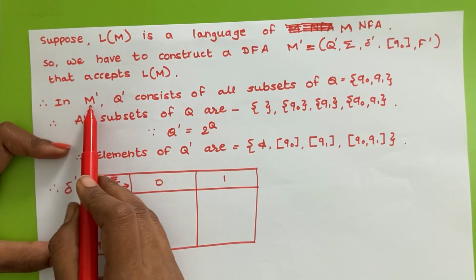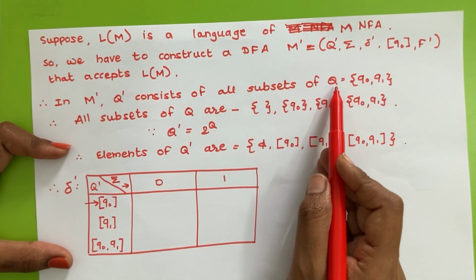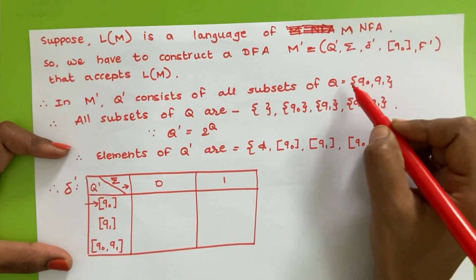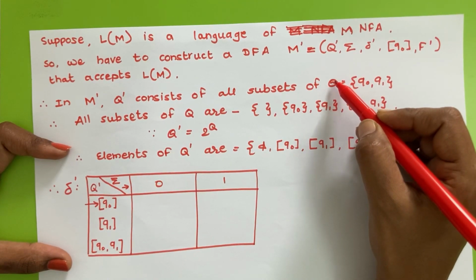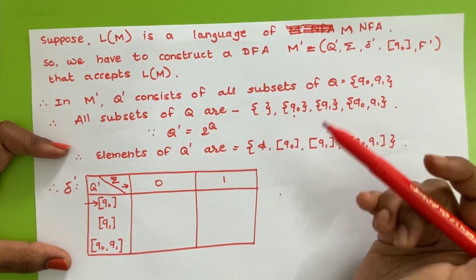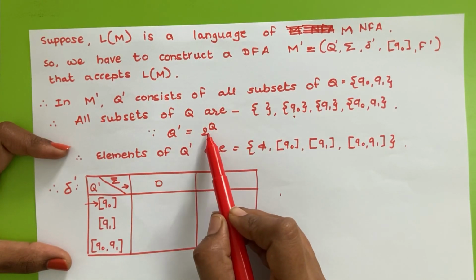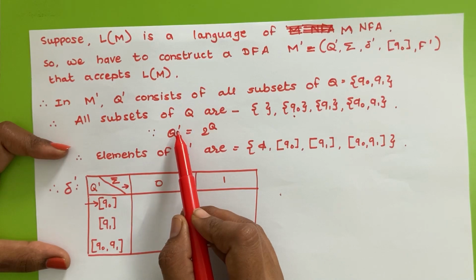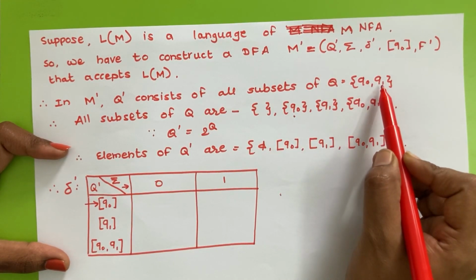In M dash, Q dash consists of all subsets of Q. So how will Q dash be calculated? Q is nothing but all states of the given NFA, and from Q we calculate Q dash as 2 raised to Q. Here Q is nothing but Q0 and Q1.